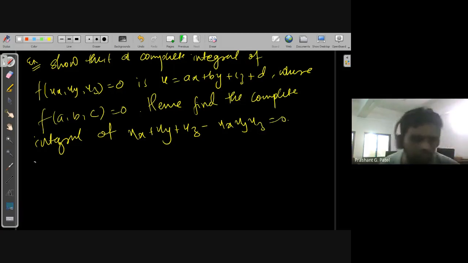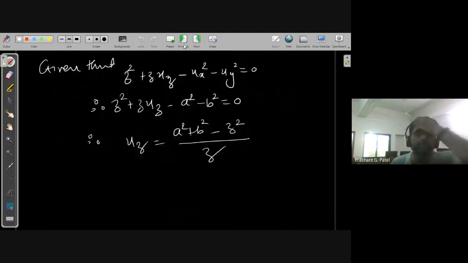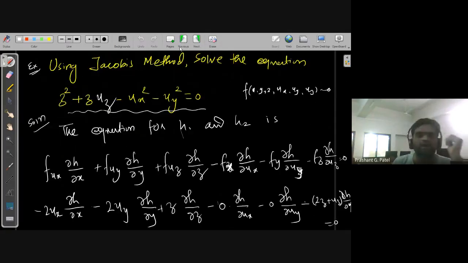So here I just directly write down the auxiliary equations for Jacobi's method. As per the discussion, for Jacobi's method the auxiliary equations are this: dx upon fux, dy upon fuy, dz upon fuz, dux upon minus fx, duy upon minus fy, and duz upon minus fz.